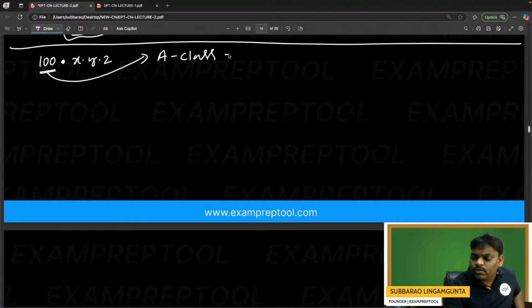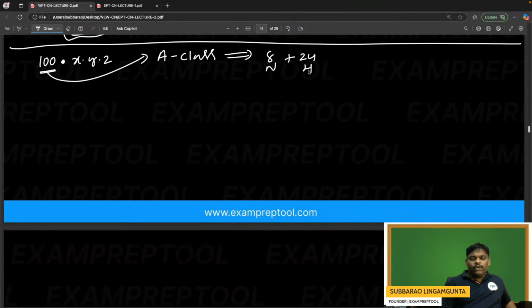When you say it is A class, 8 bits are for the network and 24 bits for the host.